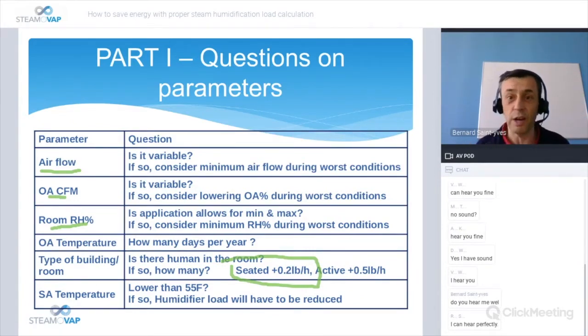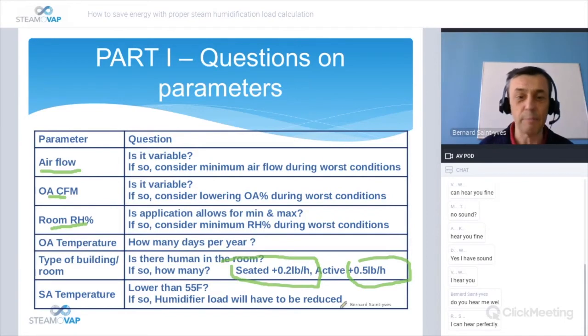And if he's active, let's say going to a gym or just moving like in a factory or so, it will be about 0.5 pound an hour. If you don't take this into account, then you will probably have excess capacity for the building that will be occupied.